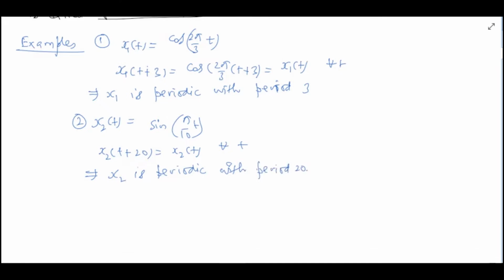So here is a question. Suppose x1(t) and x2(t) are periodic. Is the sum of periodic signals also periodic?